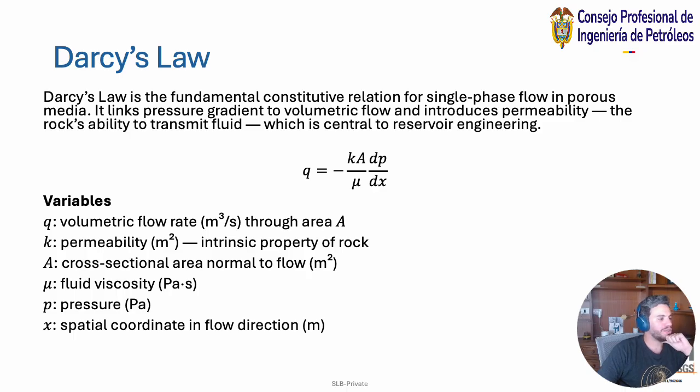And x is some distance, right? If you put all the dimensions together, you will find that they all cancel out to where you know the dimensions of a Darcy. So you can do that as an exercise to understand the dimensional nature of permeability.